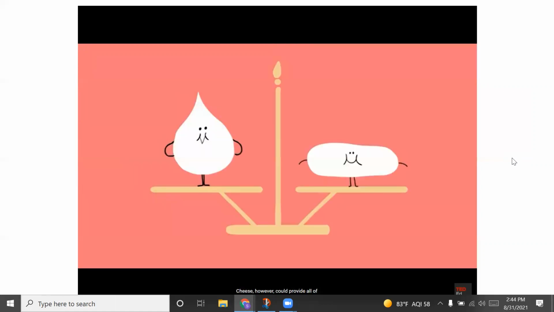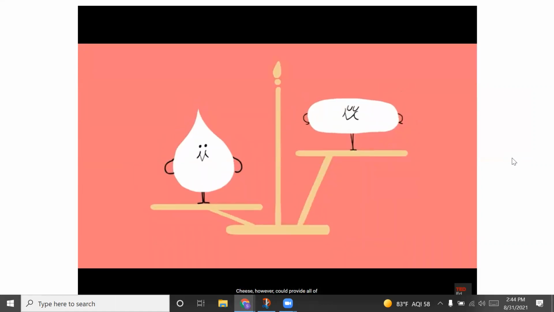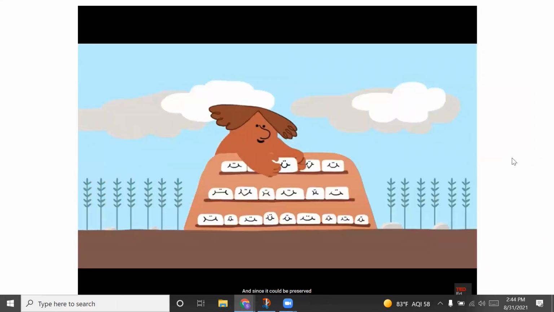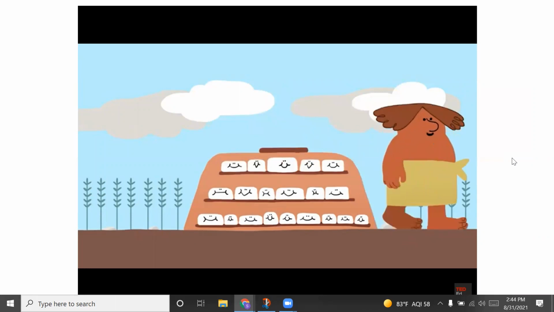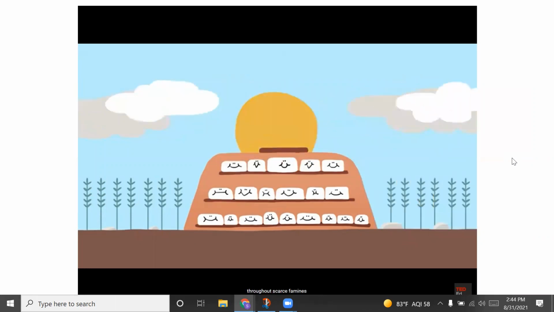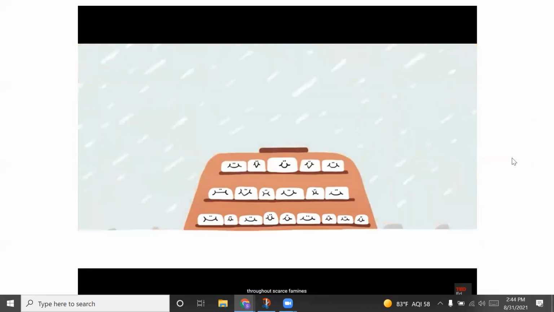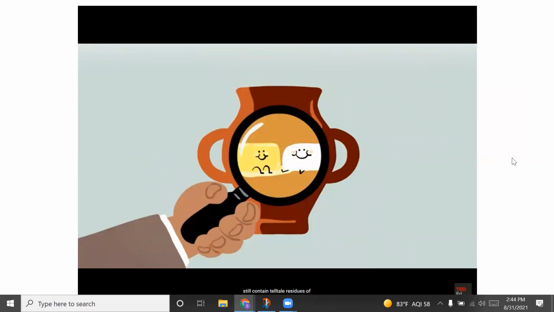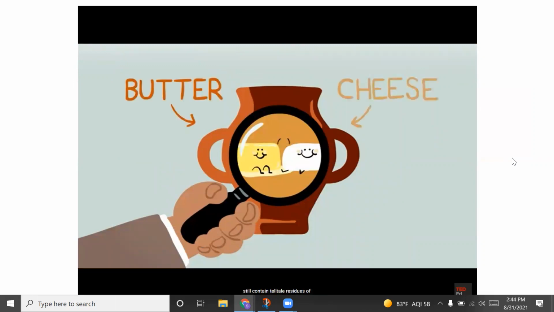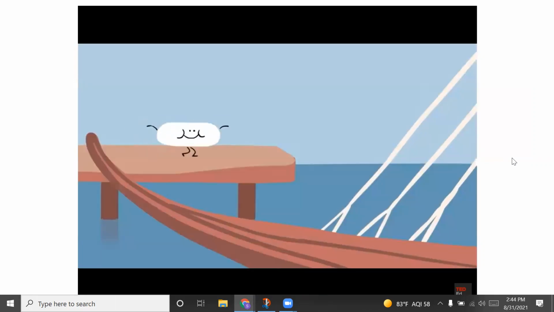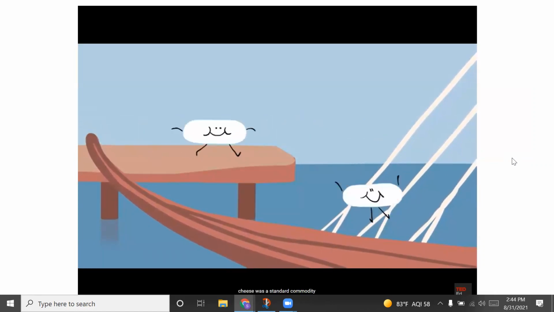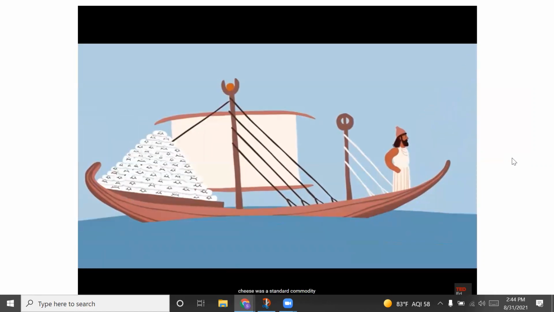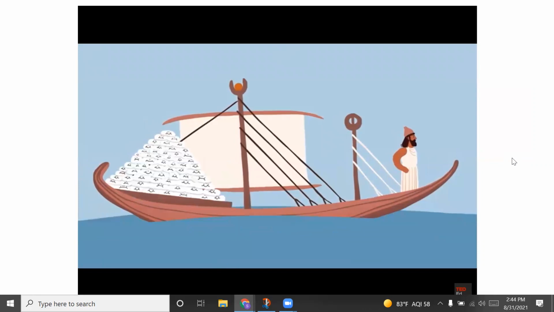Cheese, however, could provide all of milk's advantages with much less lactose, and since it could be preserved and stockpiled, these essential nutrients could be eaten throughout scarce famines and long winters. Some 7th millennium BCE pottery fragments found in Turkey still contain telltale residues of the cheese and butter they held. By the end of the Bronze Age, cheese was a standard commodity in maritime trade throughout the Eastern Mediterranean.